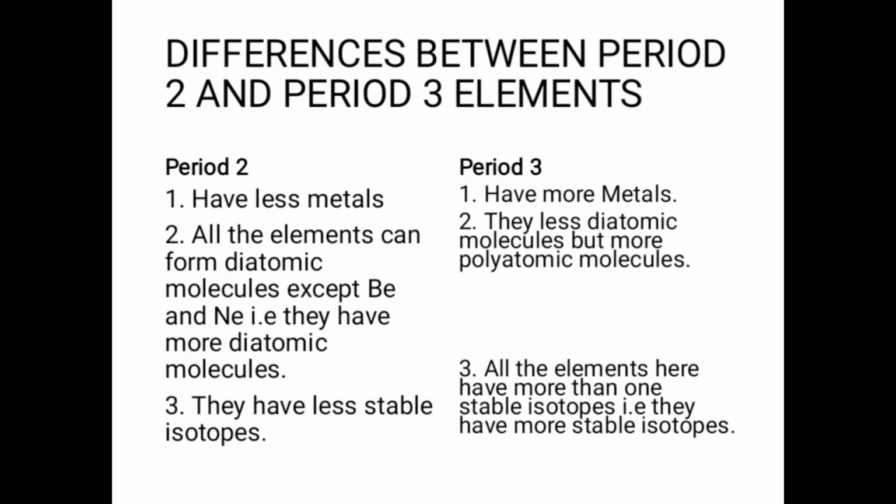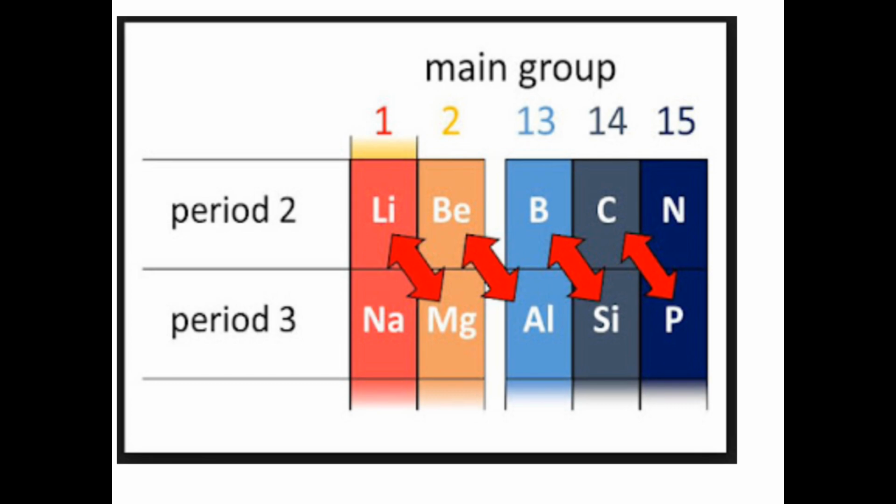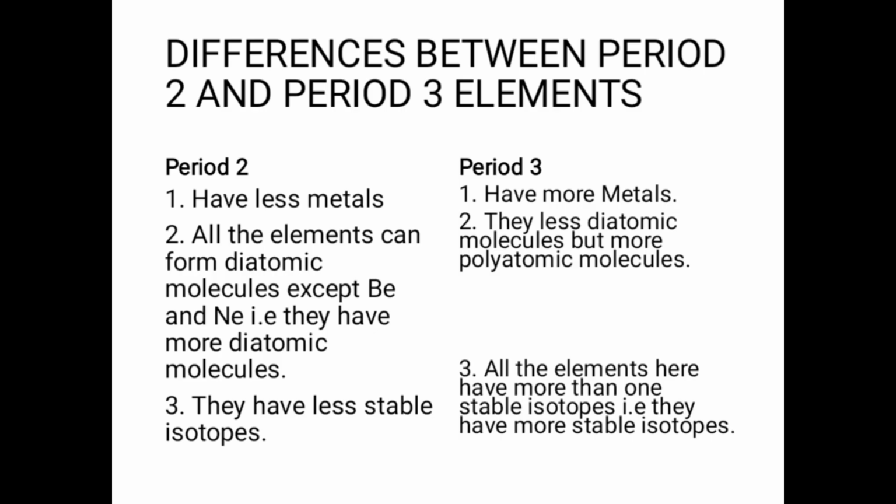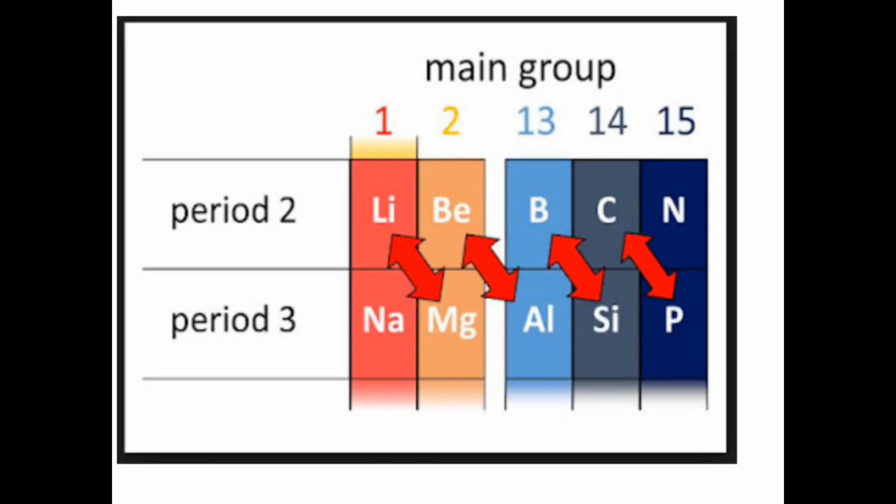Okay, let's look at the difference between period 2 and period 3 elements. Period 2 has fewer metals. Only lithium and beryllium are metals, others are metalloids and non-metals respectively.